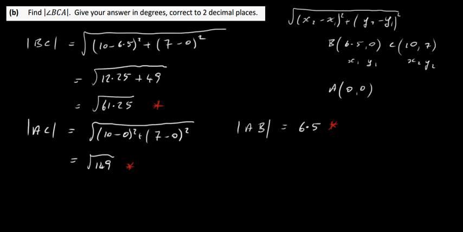So let's write that out. Remember, the cosine rule is, just write it out here quickly, a squared is equal to b squared plus c squared minus 2bc cosine of A. This is what's written down in the table.